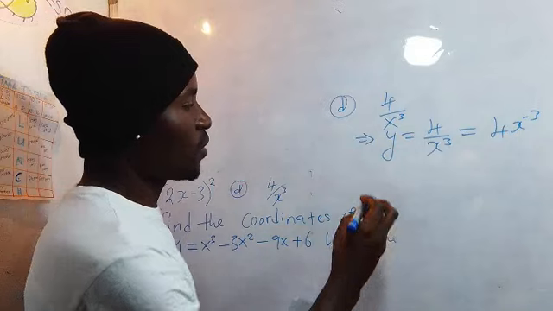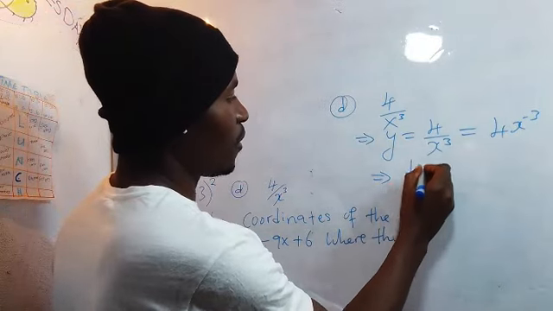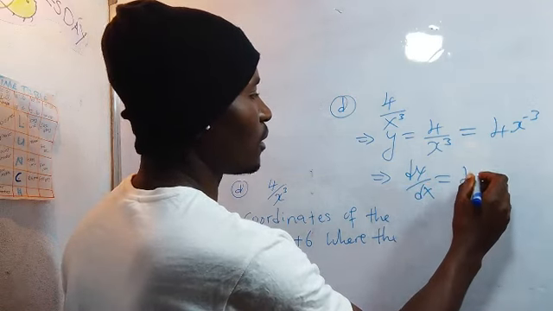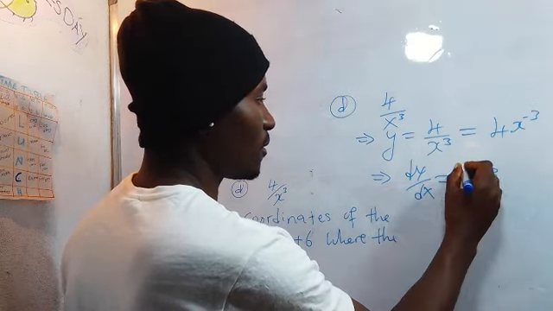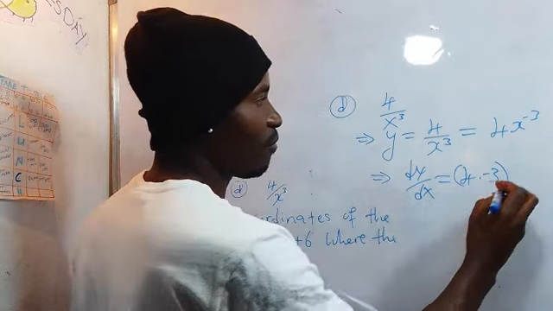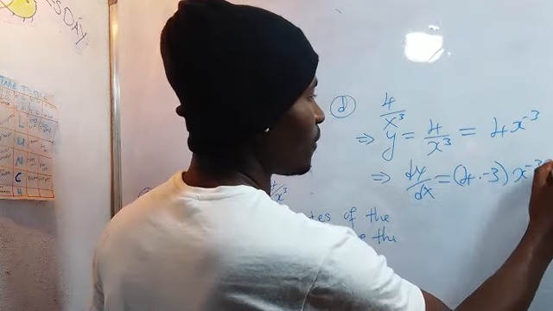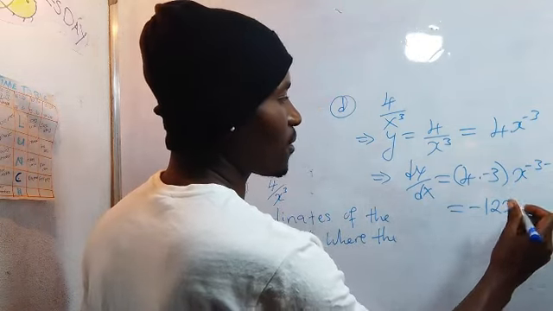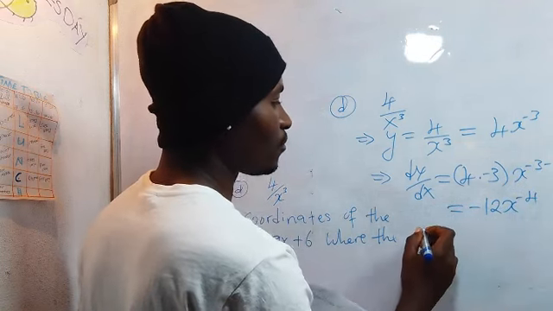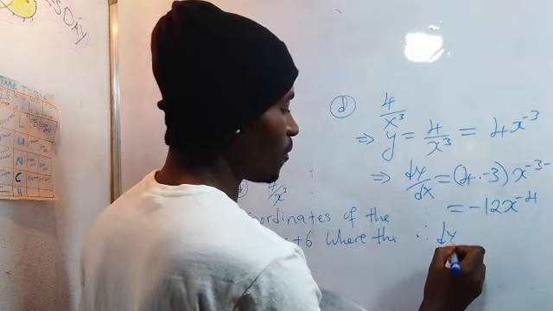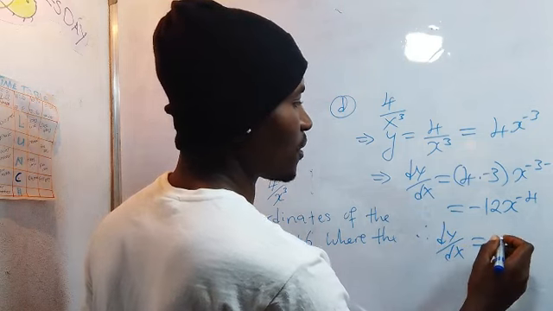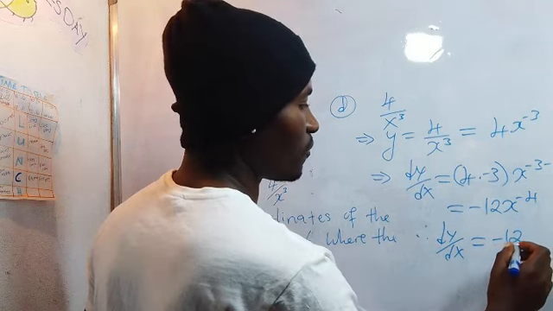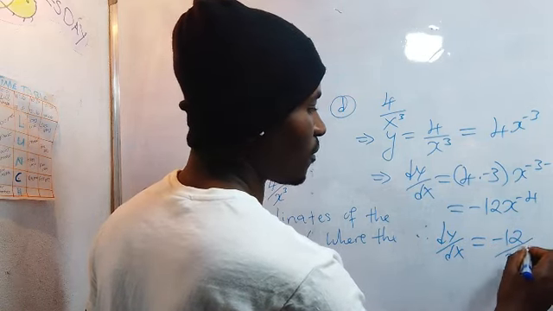Okay, so this is actually going to be dy over dx equals to 4 dot minus 3. Okay, so the dot means multiplication, and then x to the power negative 3 minus 1. So this is going to be negative 12, and then x, then to the power minus 4. Then therefore dy dx equals to just negative 12 over x to the power 4, okay.